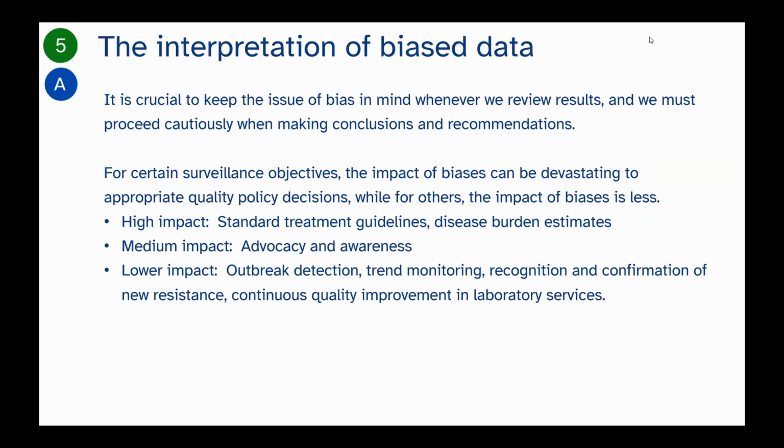On the other hand, there are some other areas where the impact of biases is less: in the detection of outbreaks, in monitoring baseline trends, in the recognition and confirming of new resistance, and the continuous quality improvement in laboratory services. So we do need to keep in mind that the data that we receive do reflect the testing done by the laboratory, but that does not represent testing often out in the general community.